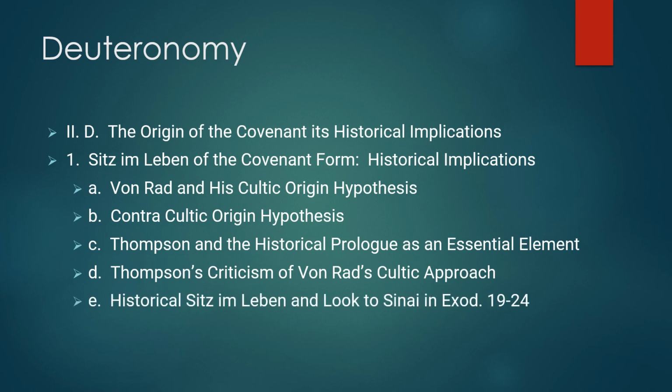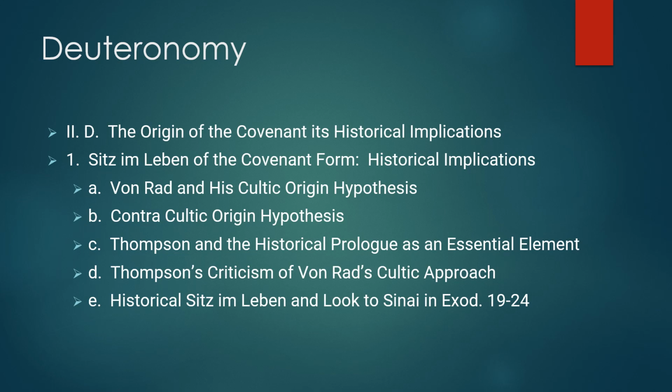So to come back to the question, what Sitz im Leben of the Old Testament covenant form provides the historical foundation of its presence, the nature of the form and its origin? Is it cultic or is it historical? I think that on the analogy of the treaty form, you have to conclude that you have strong evidence pointing towards a historical origin for the covenant form, particularly as it's connected with the nature of the historical prologue.